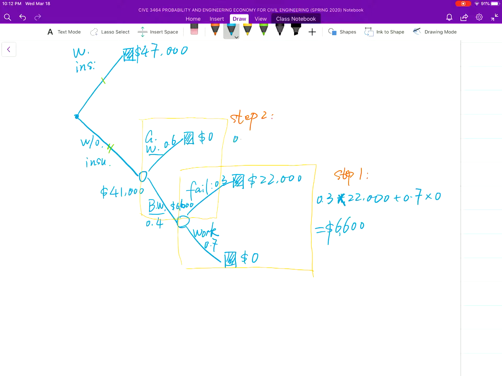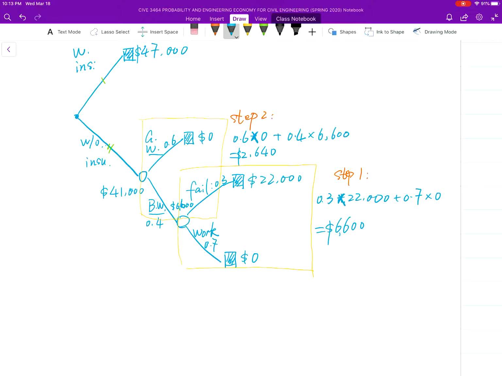Basically, it's 0.6 multiplied by 0 plus 0.4 multiplied by 6,600, and that gives us $2,640. Obviously, at this point, no matter what, you need to pay this much, so this becomes the total cost here.